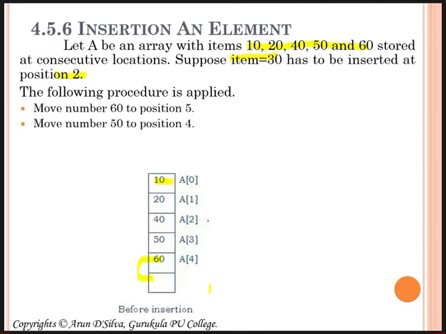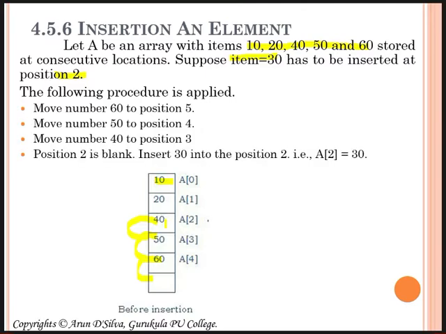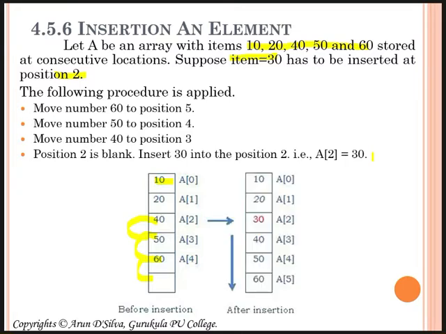And then move 50 to position 4, and then move 40 to position 3. Now the position 2 value is already shifted, so position 2 has now created space for the new element. So position 2 is blank. Insert 30 into that position, so A of 2 equal to 30.